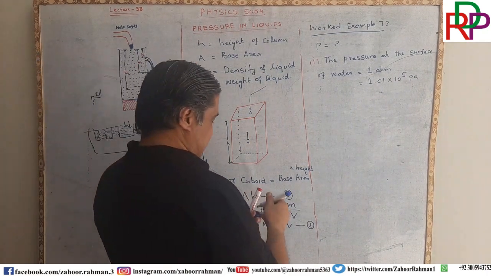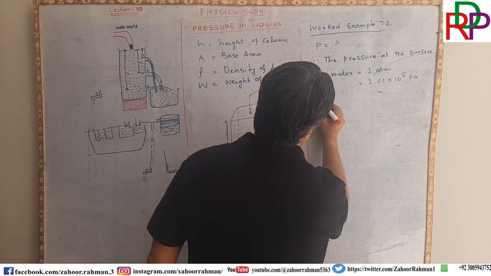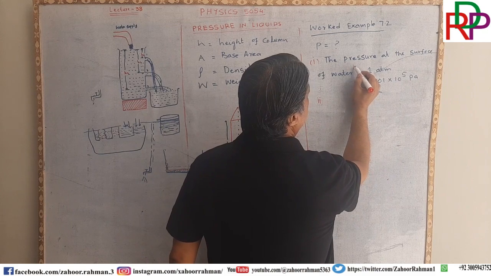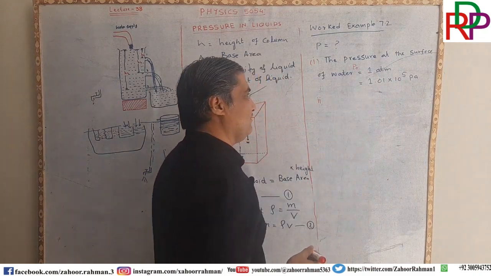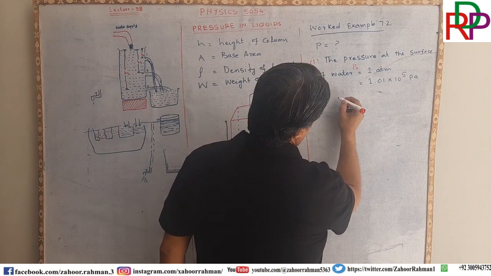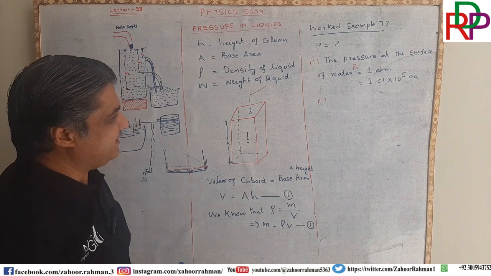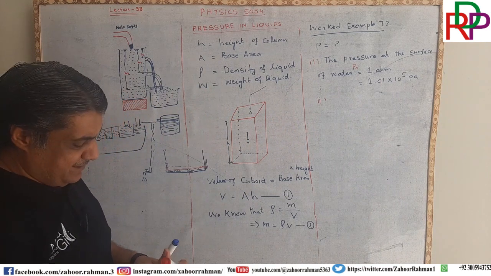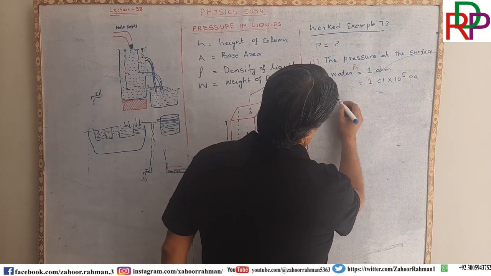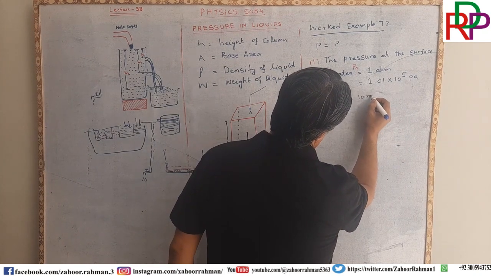Now, in the second part, they are saying that find, and this pressure at the surface of water will be P naught. In the second part, they are saying that find the pressure when the diver is at 10-meter depth. So we will say that h is equal to 10 meter.